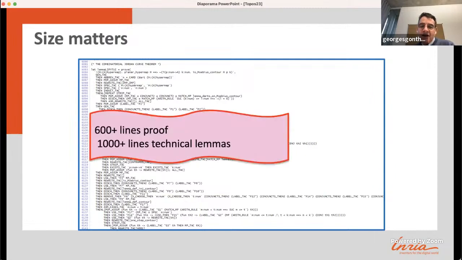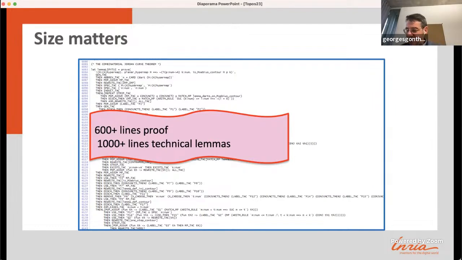Then you get something that has basically 1,600 lines of proofs instead of 117. So you get over a 15-fold explosion in the work you have to do.